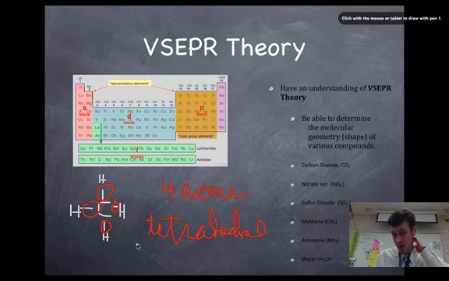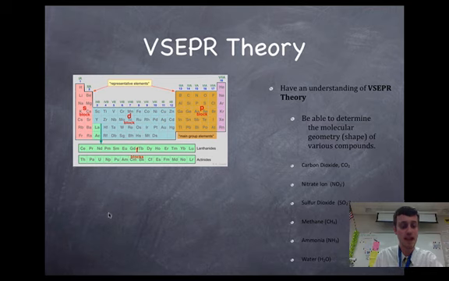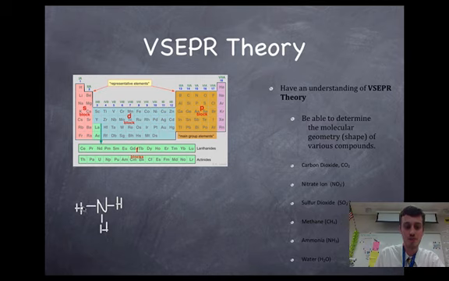Next is ammonia, which is NH3. So you're going to have all these nice little H's. Remember, H's only need 2 to be happy. I'm going to end up with a lone pair on nitrogen.